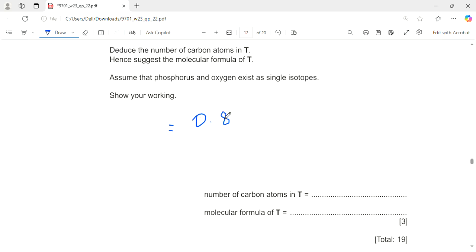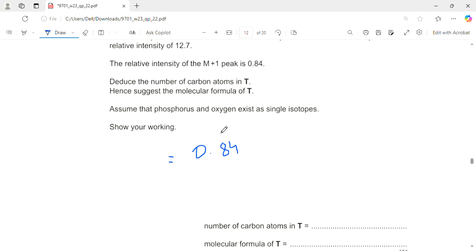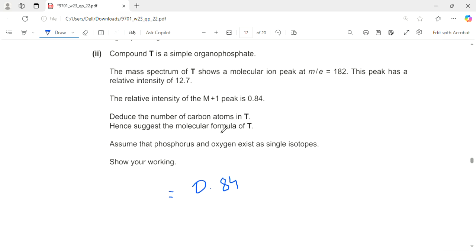0.84 upon 12.7, we all know this formula, multiplied by 100 upon 1.1.